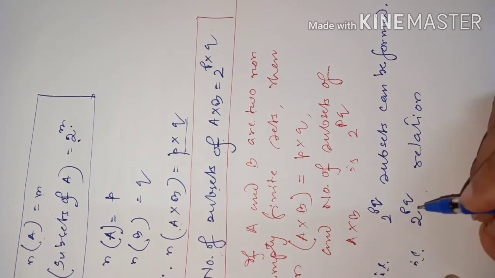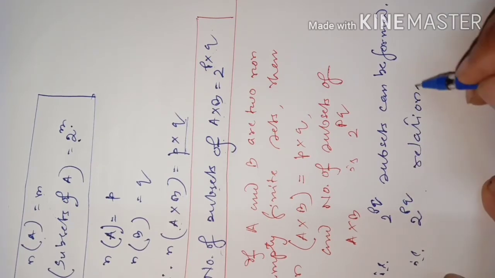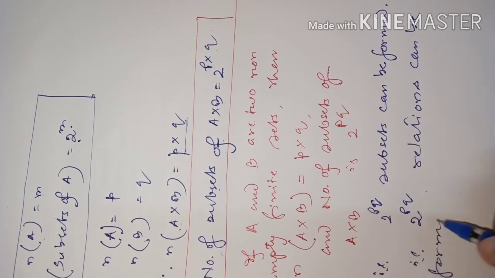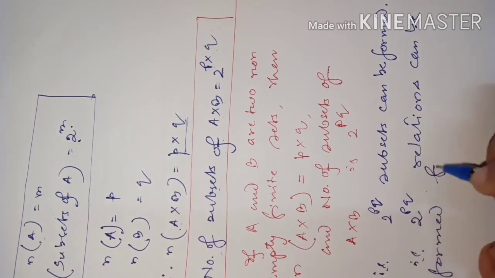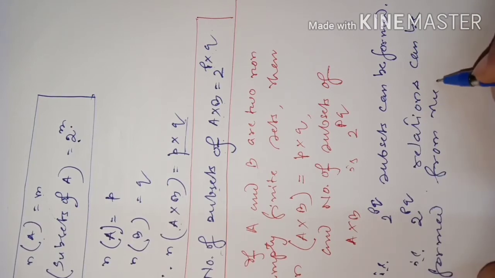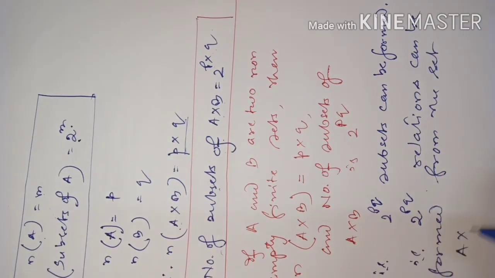So 2 to the power of PQ relations can be formed from the set A cross B. Got the idea, students?